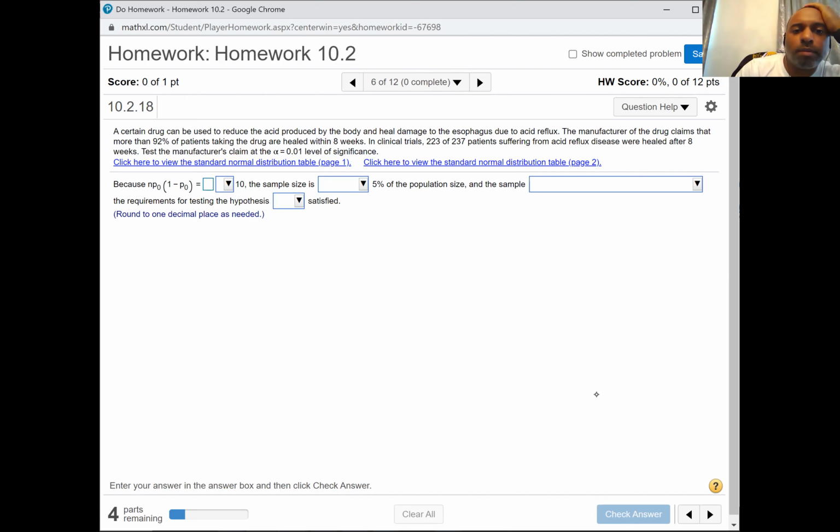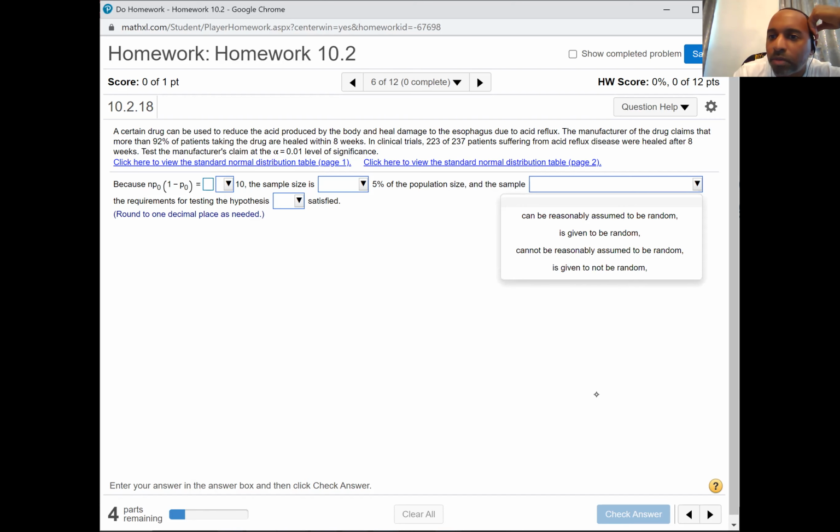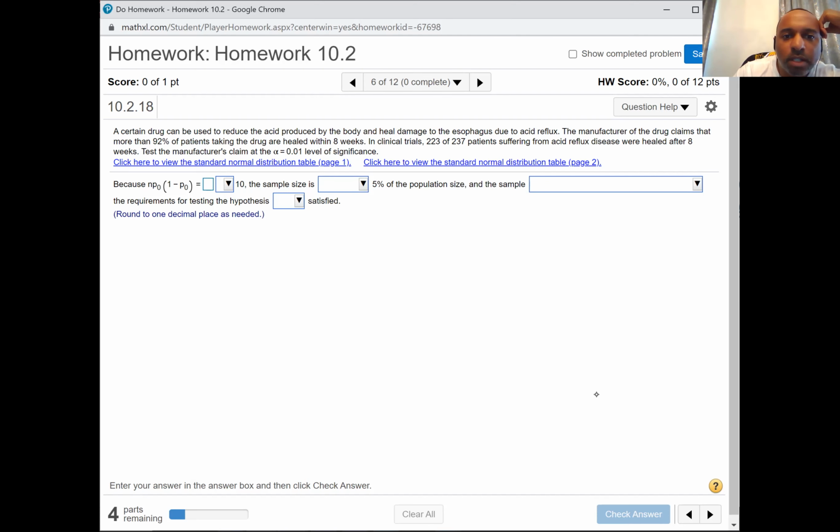The manufacturer of the drug claims that more than 92% of patients taking the drug are healed within 8 weeks. More than is our key phrase, which means it's going to be greater than, right tail. In clinical trials, 223 of 237 patients suffering from acid reflux disease were healed after 8 weeks. Test the manufacturer's claim at 0.01.